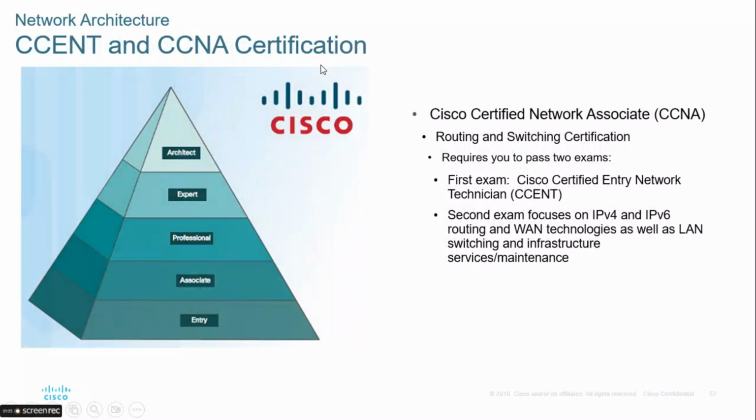So we've got this organization, we've got these certifications, and this is how Cisco has arranged its certification. At the entry level, we've got the associate level, the professional level, the expert level, and then the architect level.